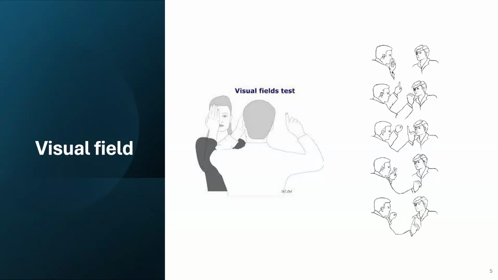Ask them to count how many fingers, 1, 2, or 5, in all 4 quadrants. Don't do the wiggling or the motion, moving your finger, yes and no questions, because certain patients with occipital lobe lesion can appreciate the motion, but they cannot count the fingers.